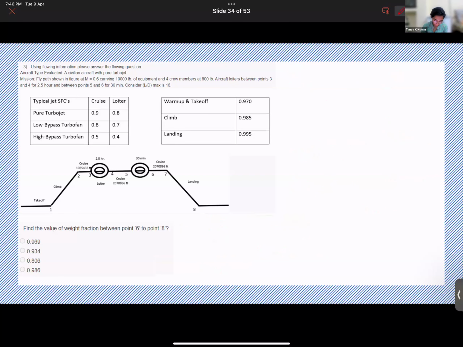All right. The last question: weight fraction between points 6 and 8. Try doing this by yourself. It's similar to the previous case. It's the last question for this session.